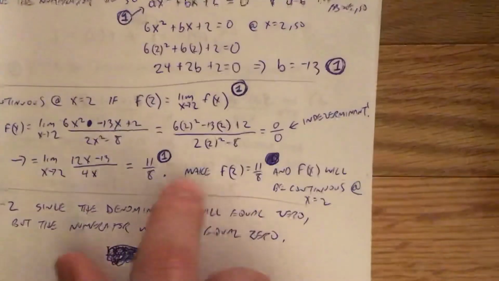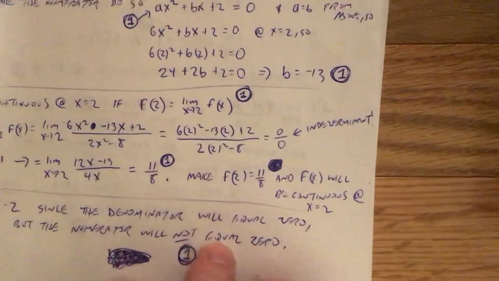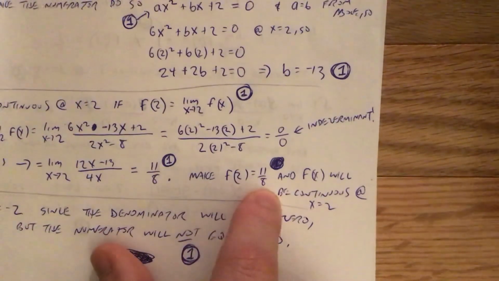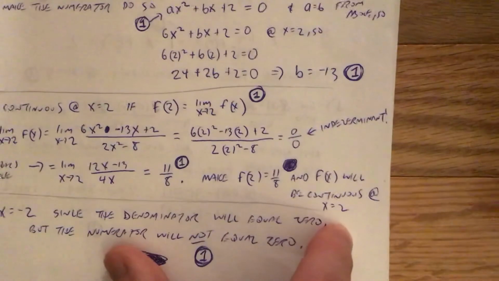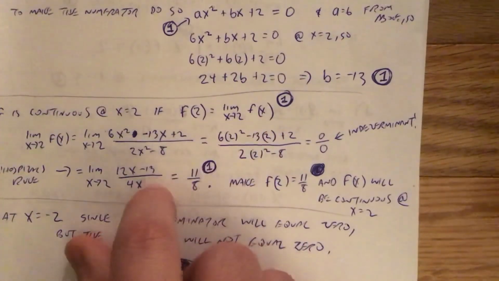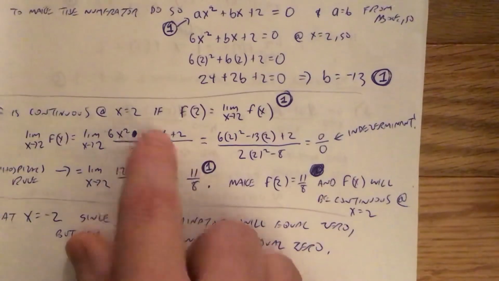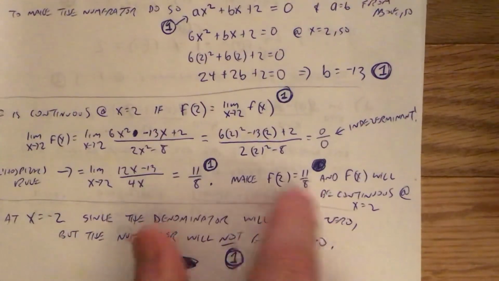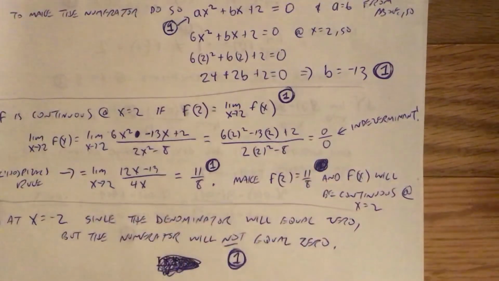I just concluded if I make f of 2 that special value, 11/8, that will fill in the gap, and the function will be continuous. The function as it is, one side's going toward 11/8, the other side's going toward 11/8. In this case, there was a hole there. So long as I define this in here, like using a piecewise function or something, that'll fill the gap.